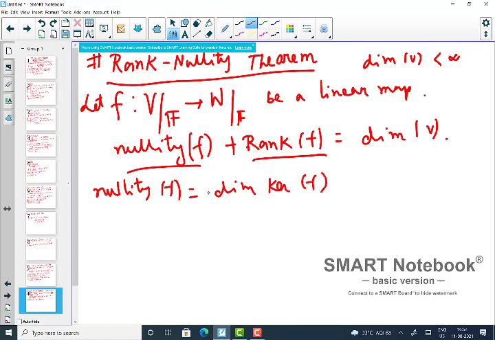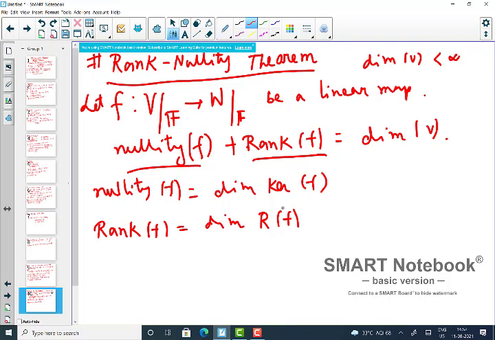So that is my nullity, and similarly you can talk about the dimension of the range or image, and that is called the rank. So what is the rank of f? Rank is nothing but the dimension of the image or range of f.